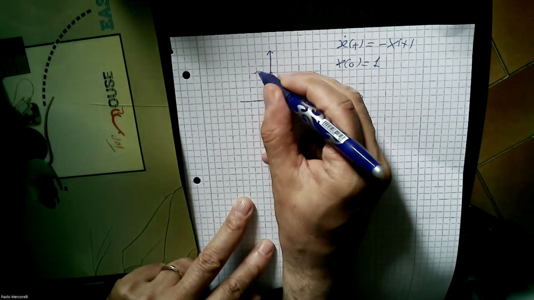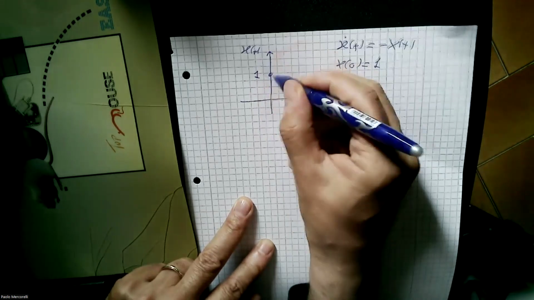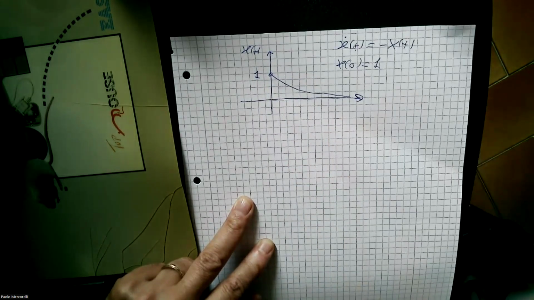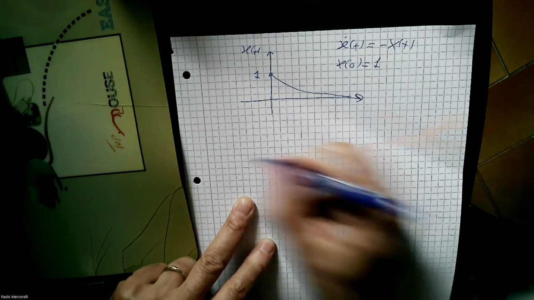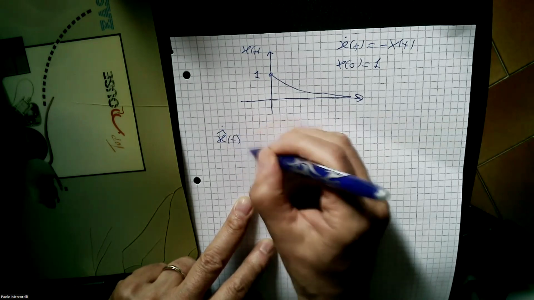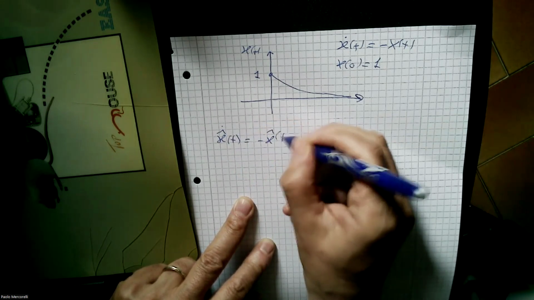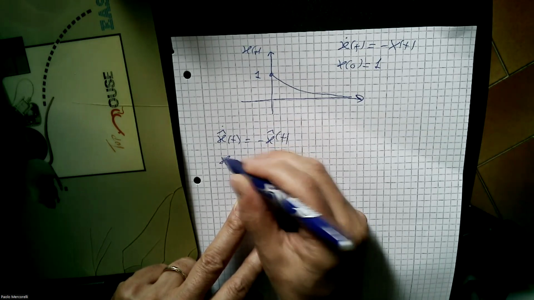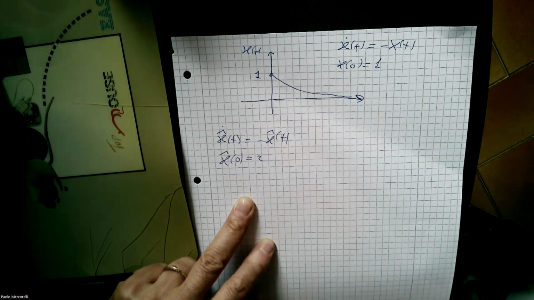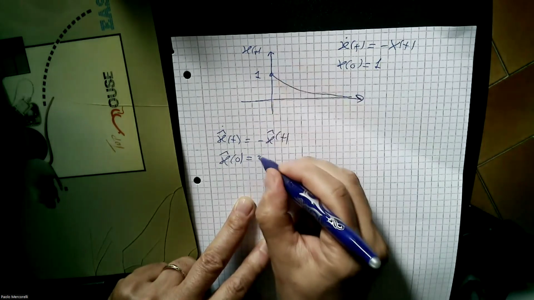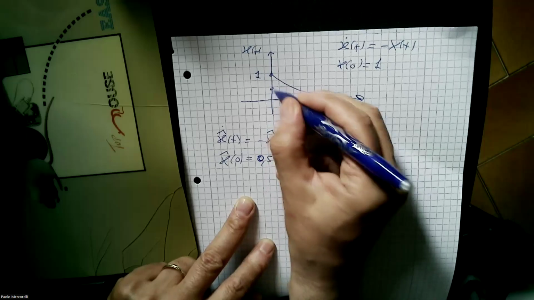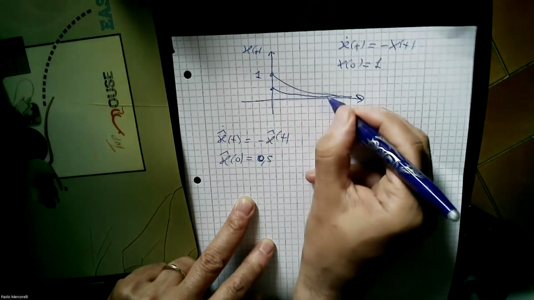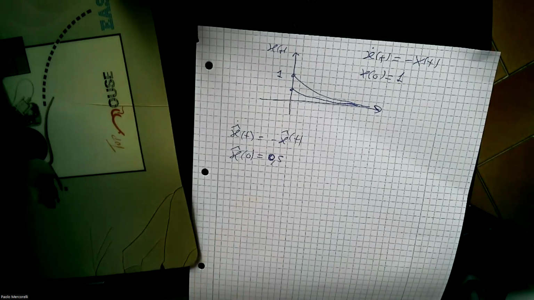You remember, this is x of t. Easy, from the first lecture in math. But now, if I have something like that, let me say 0.5, this is different. I will have two different solutions.